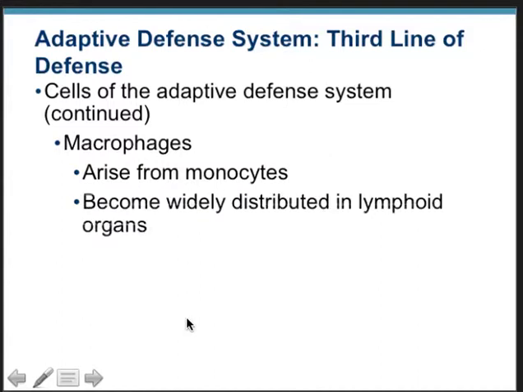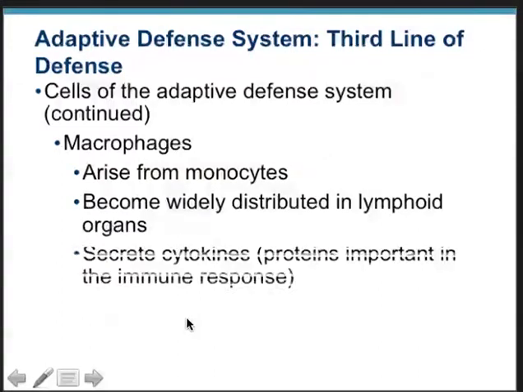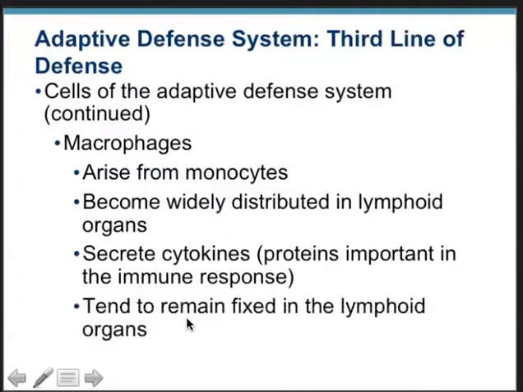They become widely distributed in lymphoid organs, and they're capable of secreting cytokines, which are vital in coordinating the immune response. And many of them, when they get to lymphoid organs, a fair number tend to remain what we call fixed, so that they don't leave those particular organs.